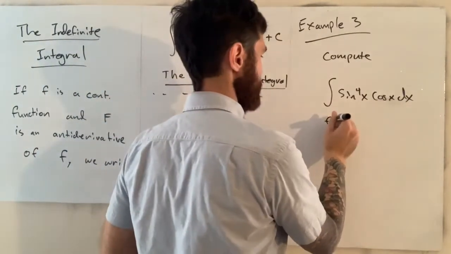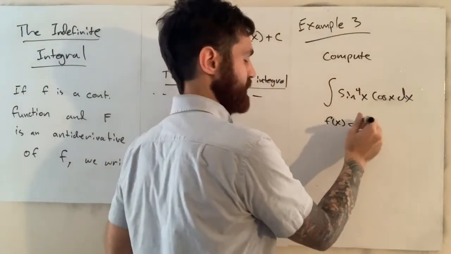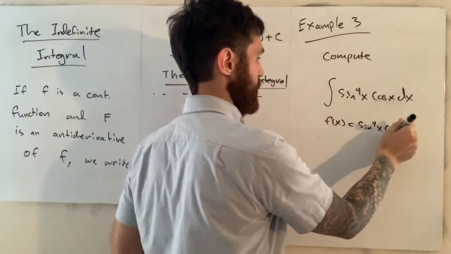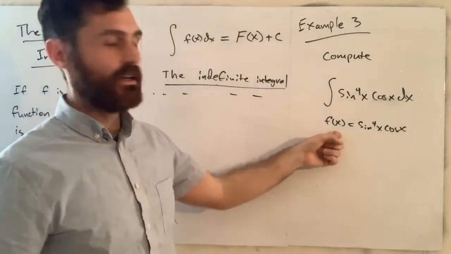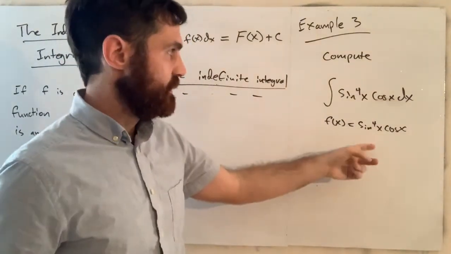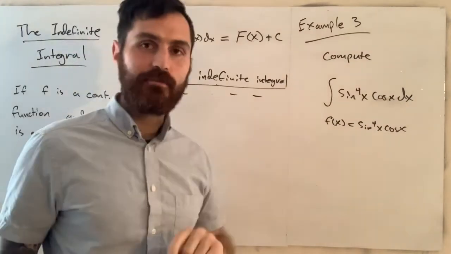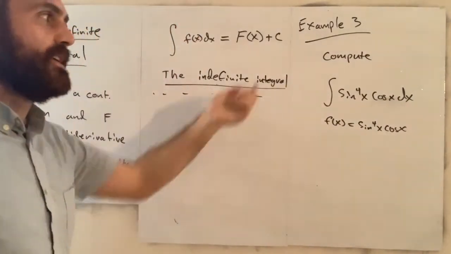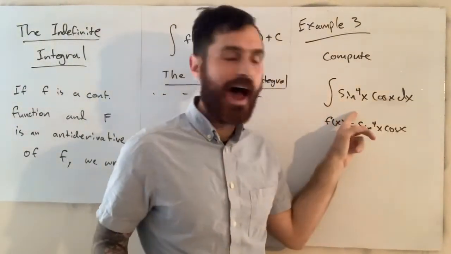So you have this small f of x being sine to the fourth x cosine x. And we want to find an antiderivative for that. And then if we can find one antiderivative for that, then all of them are just going to be that function plus a constant. All right, so this can be a little tricky because we don't have a rule for this.